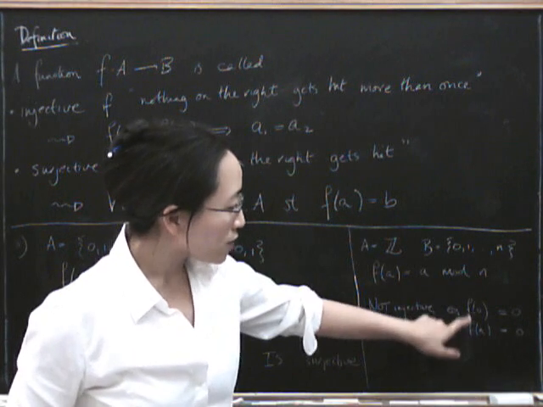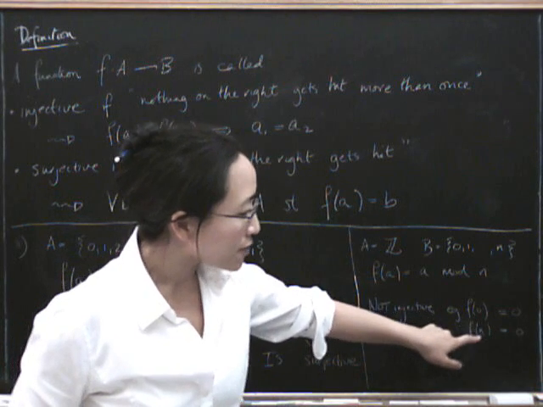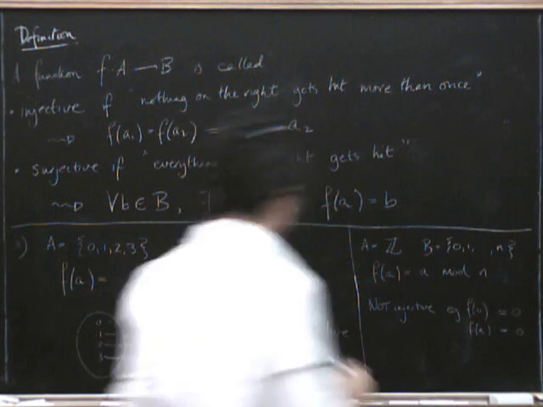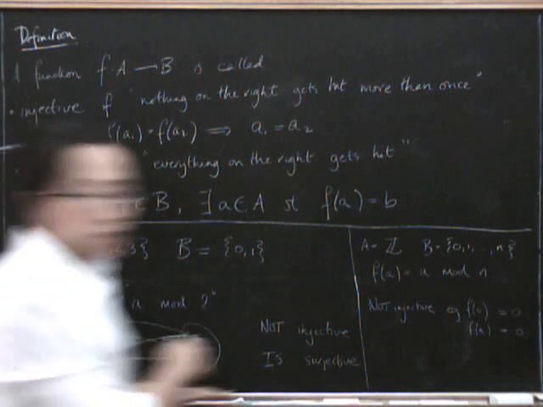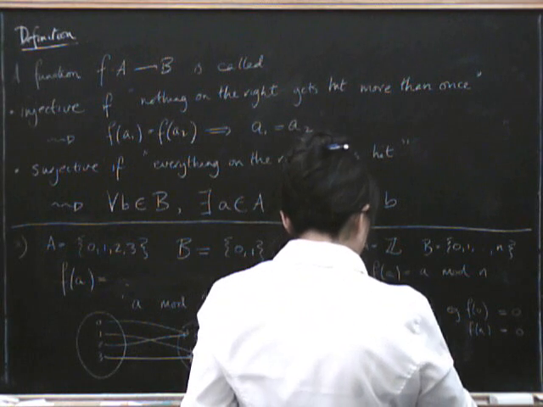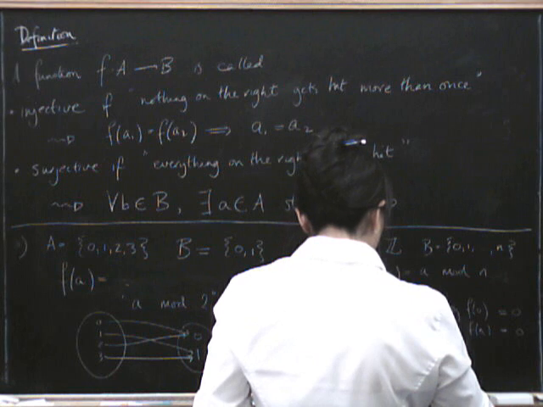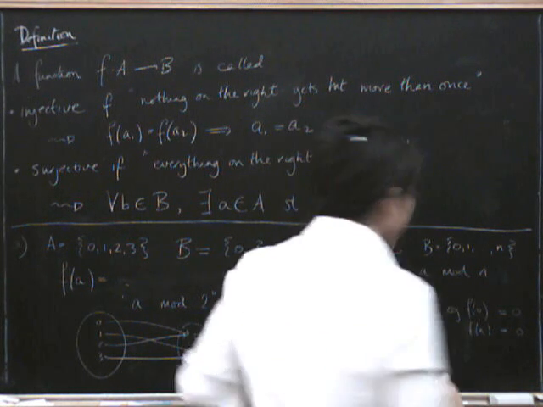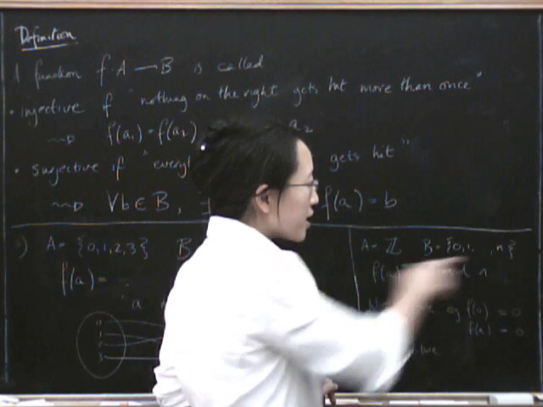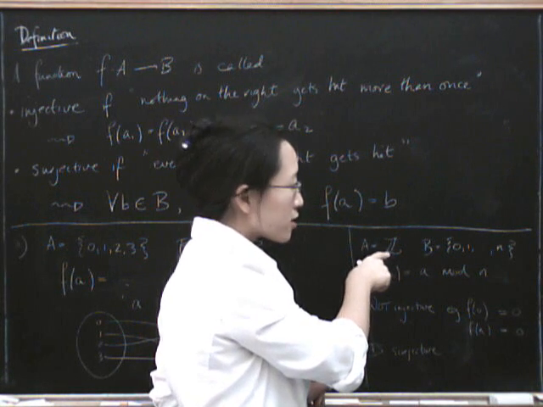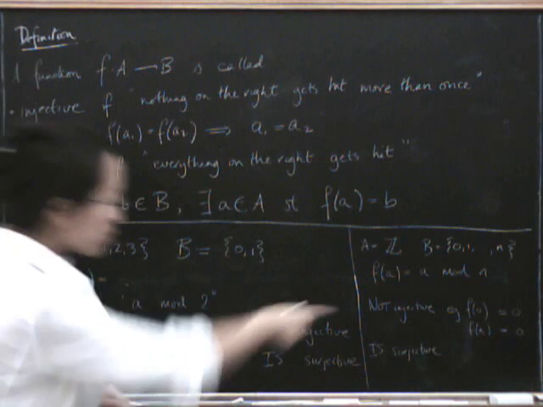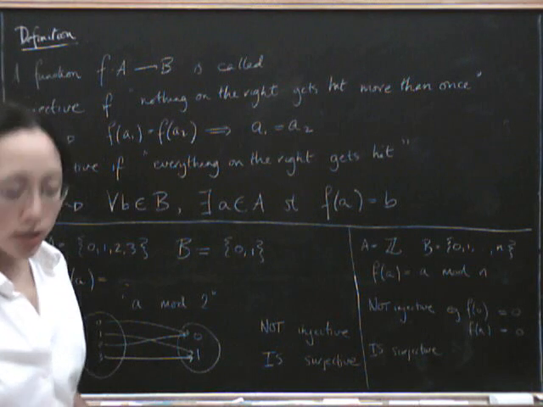So here I've shown you two things on the left that get sent to the same place on the right, so this is not injective. Just like in this case it wasn't injective, but it is surjective, because everything over here gets hit at least once by, well, the same number over here. So that's the more general situation for this one.